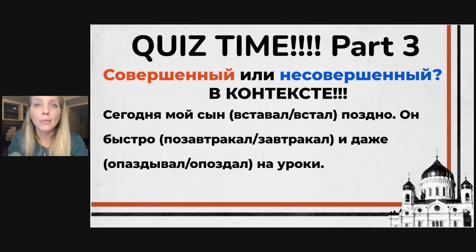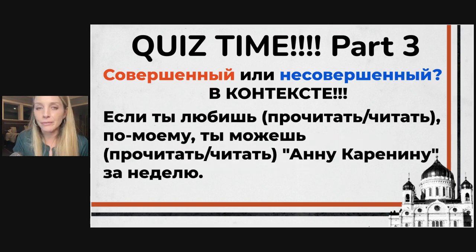So we need perfective. Сегодня мой сын встал поздно, он быстро позавтракал и даже опоздал на урок. Все, очень хорошо. As you can see, sure enough, the imperfective verbs are the longer ones. So maybe my student was onto something, but again, leave in the comments if you know instances where that is not the case. I know several, by the way.